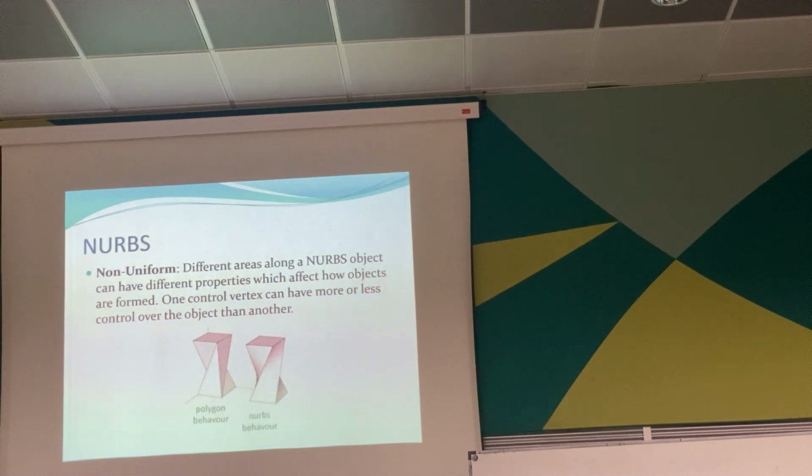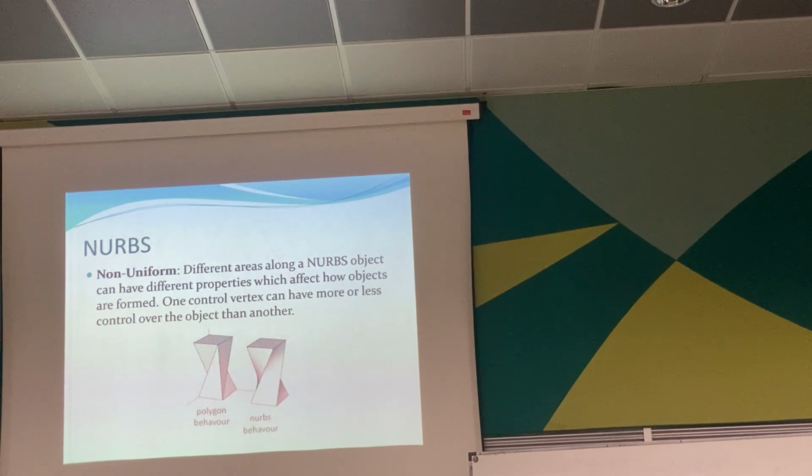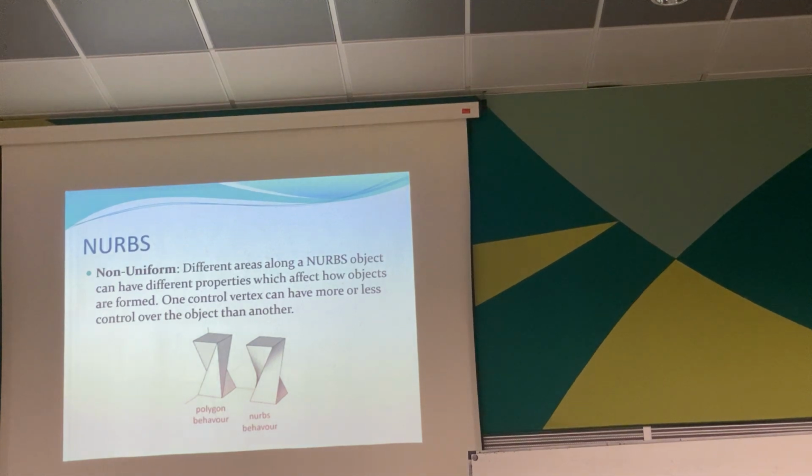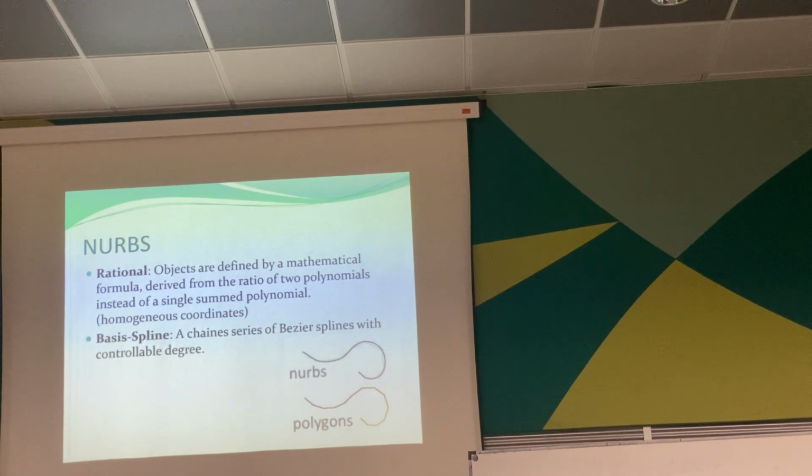It's actually to define or to control how your object's shape will be changed. It still uses polynomial functions, but in this one it will use 2, and then we add in the weights. So what is rational?